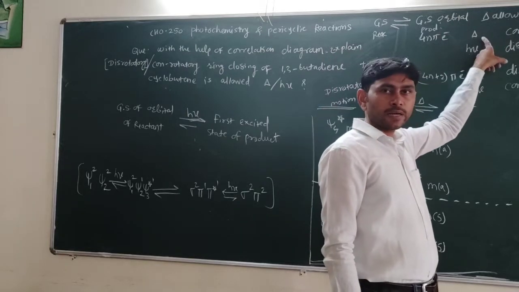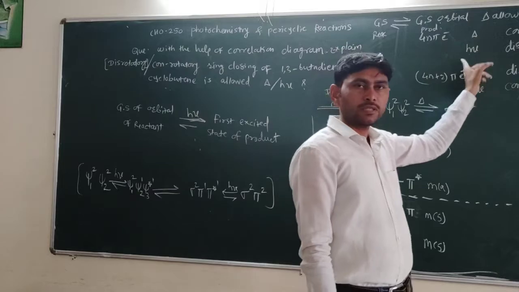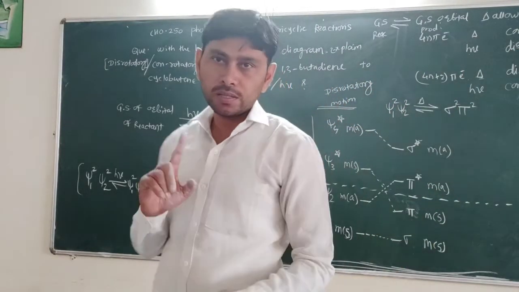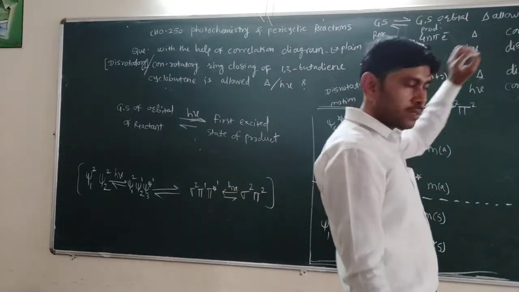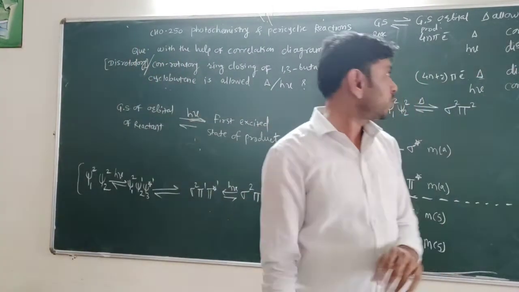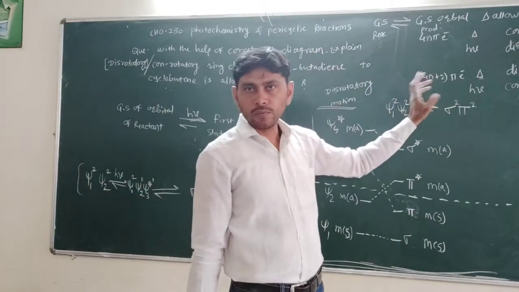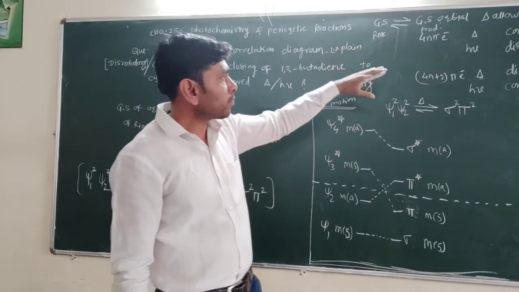When thermal mode of activation, there must be conrotation. When photochemical mode of activation, there must be disrotation. And when a substituent is present, in conrotatory motion there is a change in stereochemistry, and in disrotatory motion the stereochemistry remains the same for reactant and product. So this is about the 4n pi electron system.